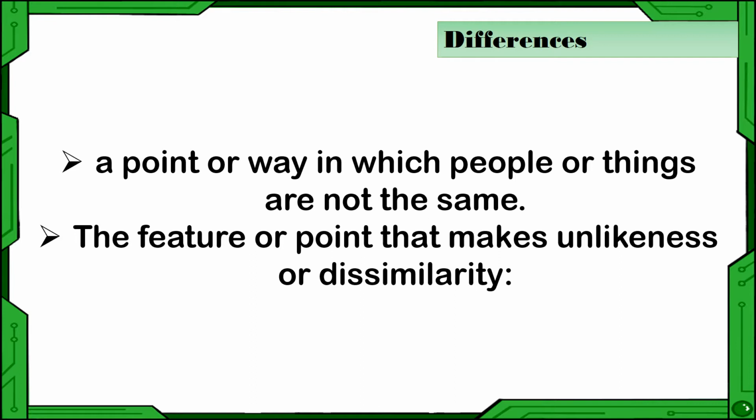Second, it is the feature or point that makes unlikeliness or dissimilarity. So meaning to say, differences only point out what is not the same between two people, two objects, two things, or two pictures. So you have to remember, differences mean not the same. What is not the same between them?